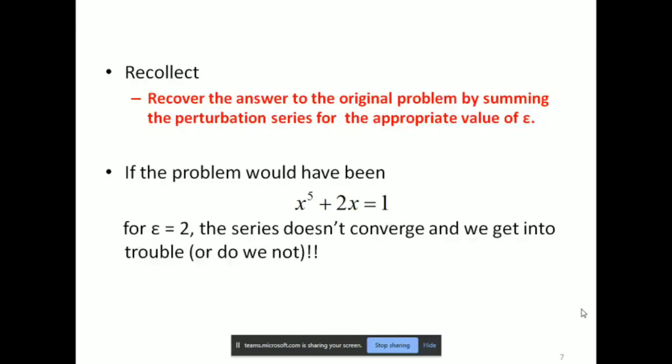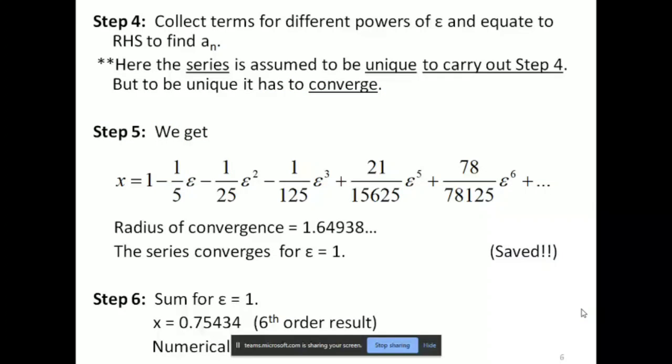This was not a part of my presentation, but there are techniques called Padé summations and all, where even if epsilon becomes 2, we know that the series will diverge, but still we can get the answer to the value of x. It's not a problem.